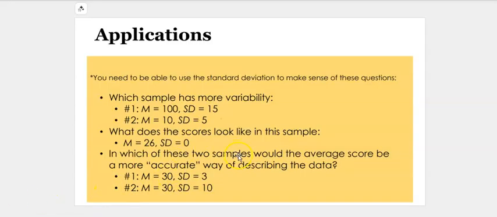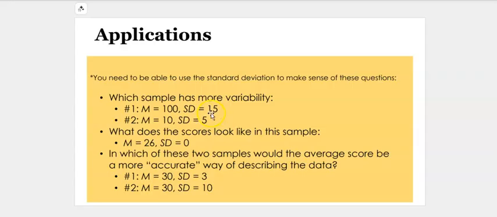Here are some samples where we can check what you understood. Which sample has more variability? That means which one has the higher standard deviation. When you see the mean score and the standard deviation, you have to calculate what percent the standard deviation represents in this data.